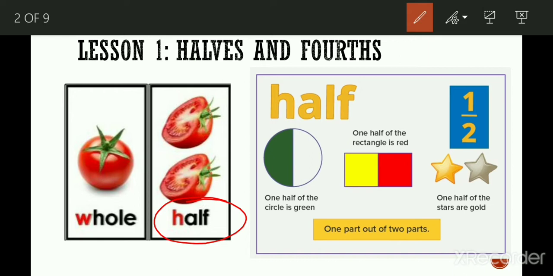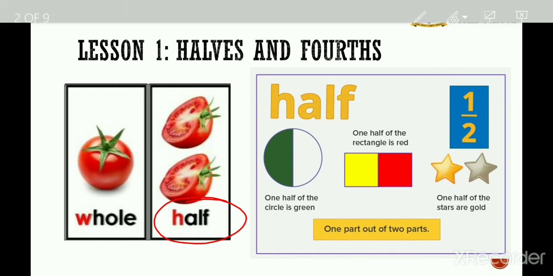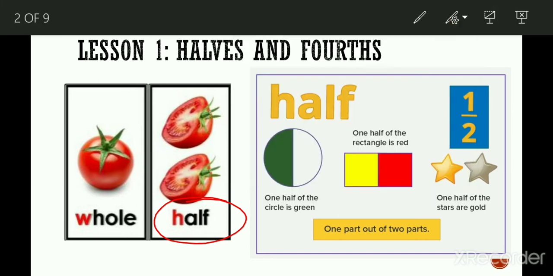But what do you mean by fourths? Think of it. Yes, correct. See, if you are dividing a whole into four equal parts, then each part is called 1/4 of a whole. Are you getting it?